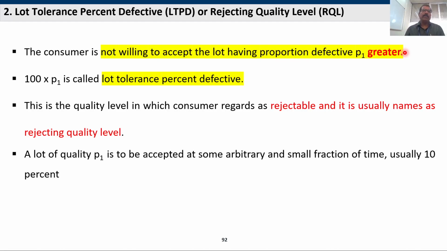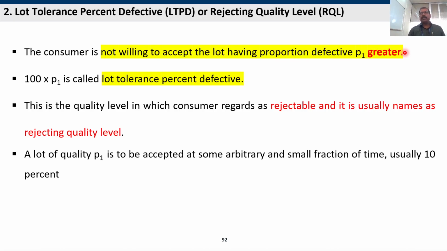That is the lot tolerance percent defective. The acceptance quality level is 95, the rejecting quality level is 5 percent. So above 5 percent, if you find it after inspection, then you have to reject. That is called the rejecting quality level or lot tolerance percent defective.